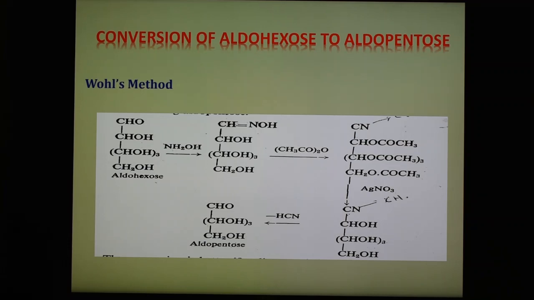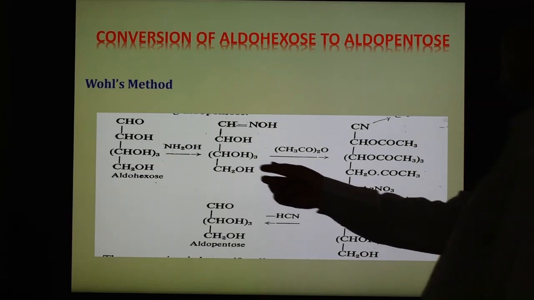In the last, third step, the acetyl derivative is treated with ammoniacal silver nitrate solution, and it removes the acetyl group by hydrolysis and eliminates an HCN molecule, forming aldopentose. This conversion is better if sodium methylate is used instead of ammoniacal silver nitrate. This is the method given by Wohl, the name of the scientist.